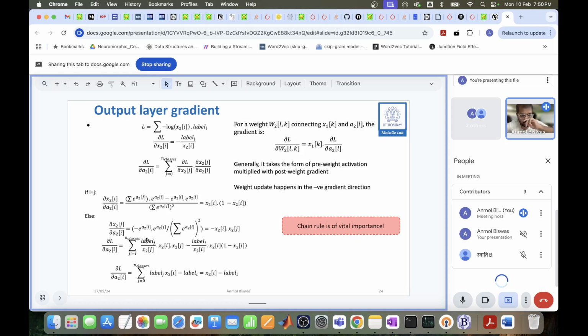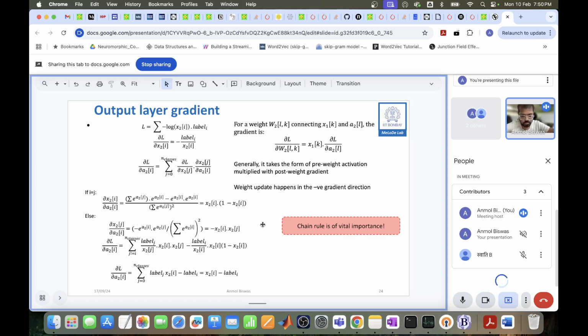I have done it in a slightly different way. I have not used the added information that labels are one hot encoded, right? But even if you don't use it, it comes out to be the same, right?